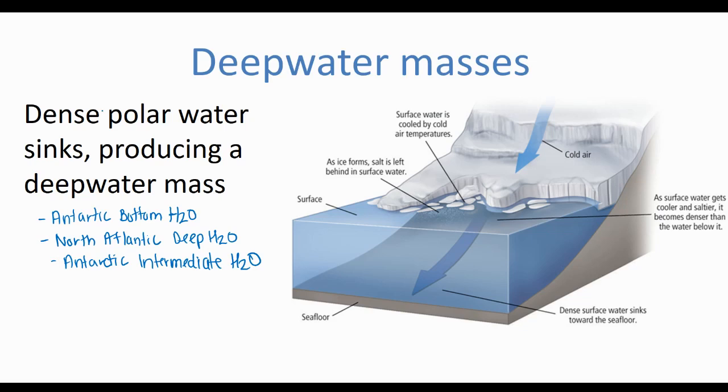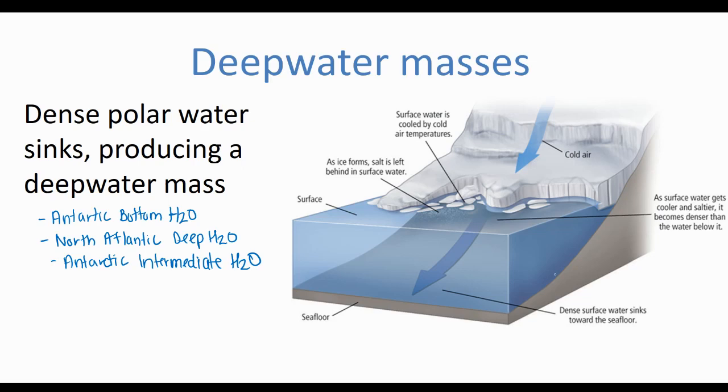So the water that is near the poles is very cold, and so that dense polar water is going to sink, and that is producing the deep water masses. And there are three deep water masses: the Antarctic bottom water, the North Atlantic deep water, and the Antarctic intermediate water.